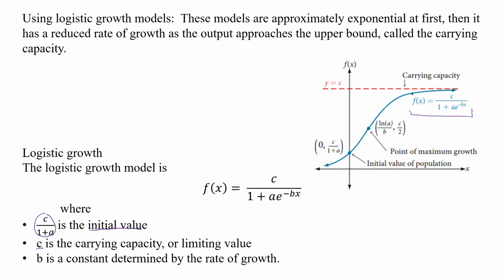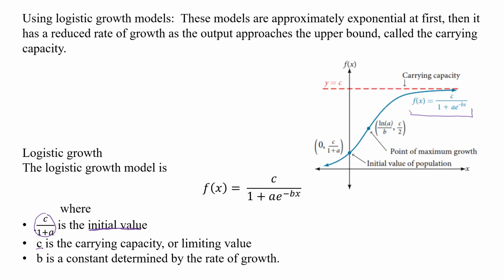And b is a constant determined by the rate of growth. A lot of times we might have some initial value, maybe we initially had 20 animals in this area, and we know the carrying capacity maybe is 1,000 animals.